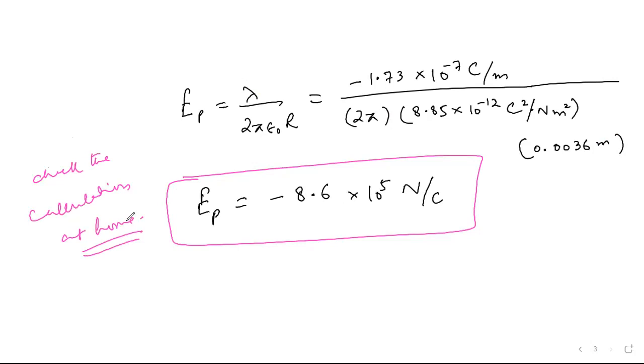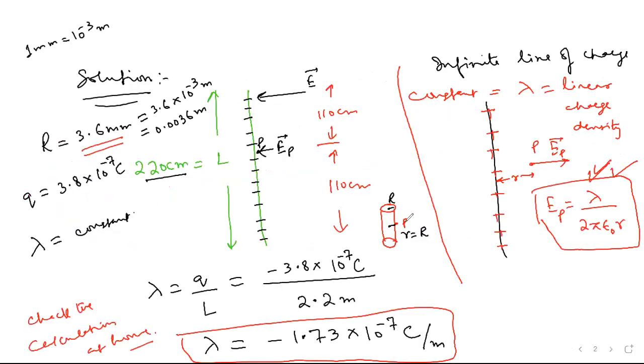The minus sign tells us that, as I have already told you, because the rod is negatively charged, the direction of the electric field is radially inward toward the axis of the rod. As we have shown, this electric field will be toward the rod, right?